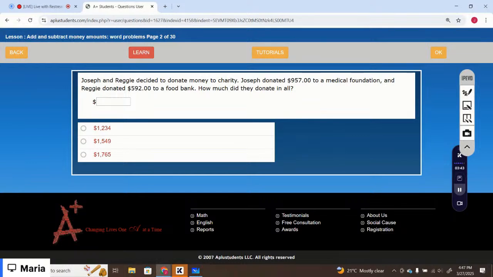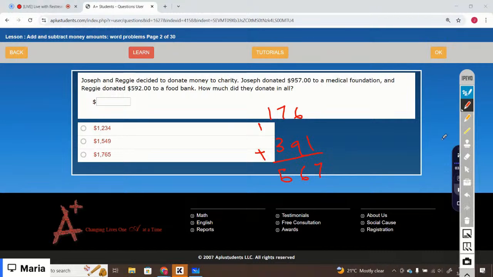Joseph and Ricky decided to donate money to charity. Joseph donated $957 to a medical foundation and Ricky donated $592 to the food bank. How much did they donate in all? You need to calculate the total money they donated, so we need to add them. That is 957 plus 592.